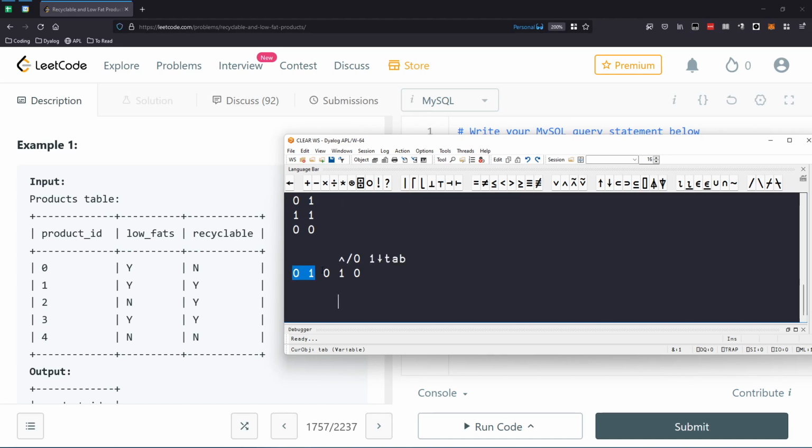So this gives me the products that are both low fat and recyclable. And now we can take this and compress the first column of our table. So this gives us the IDs of the products that are both low fat and recyclable.